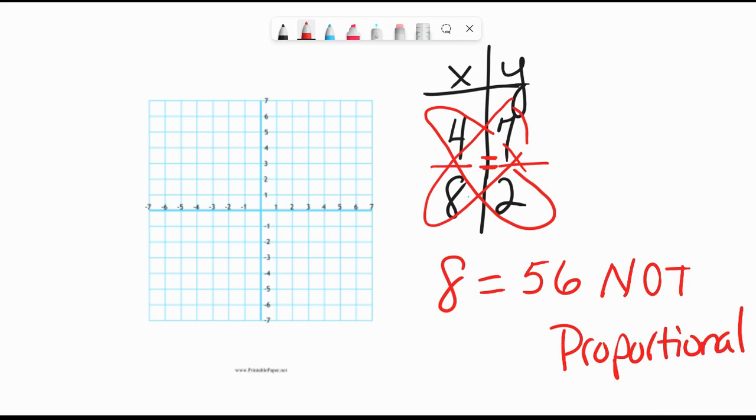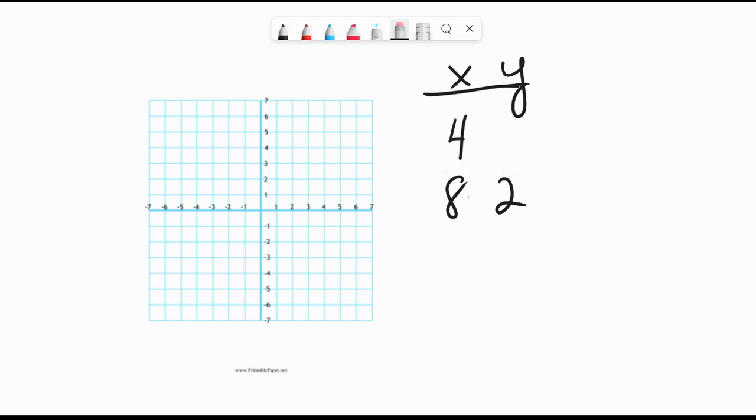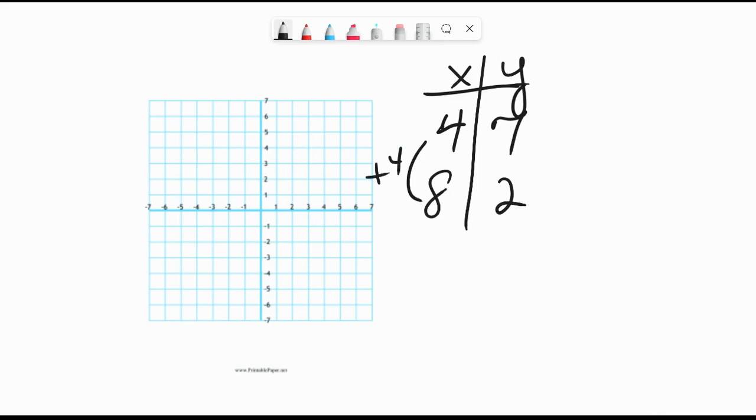Okay, if I follow the pattern back, let's follow the pattern back just so we can see if we could do that. So this was 4, 7, and I think it was 8, 2. If I wanted to follow the pattern back, this is adding 4.